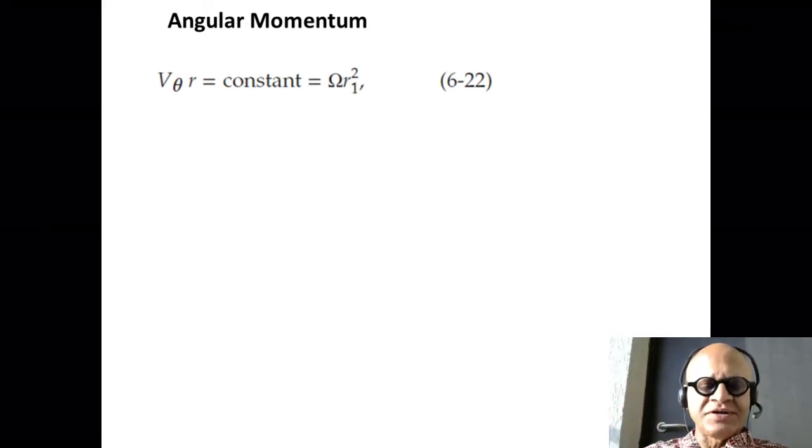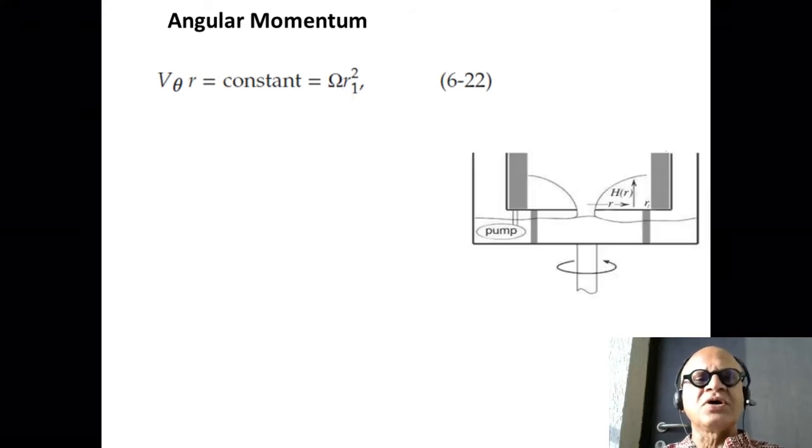So assuming these frictional forces are not important, the non-rotational framework velocity times the distance at any point in the tank, that parcel of water, has to maintain its angular momentum, so that product has to be constant, and that is equal to omega r1 squared, because our tank is introducing water with this pump at the edge at r1, and the water parcel that comes in has got omega r1 as the initial angular velocity before it starts moving towards the drain.